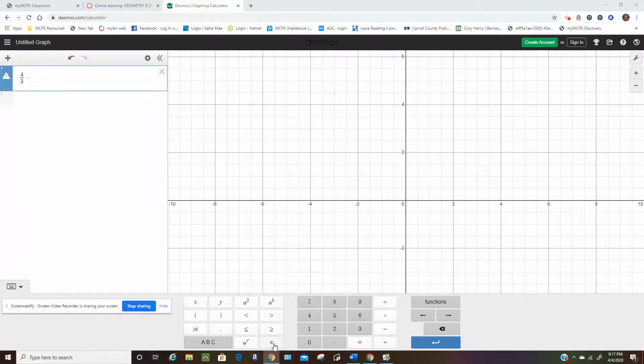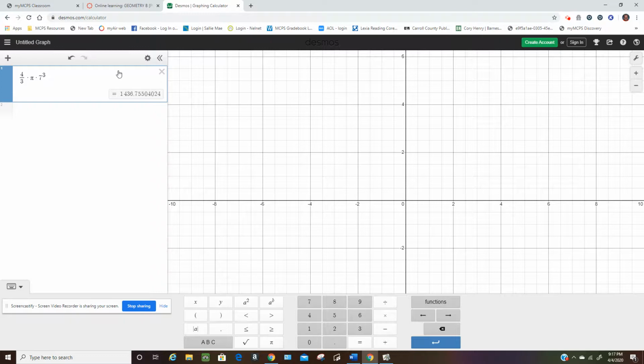Here's the pi key. And then times 7 cubed. So I hit this a to the b and then put 3 in the exponent. And then notice right here, here's my answer, 1,436.8 if I round to the tenths place.